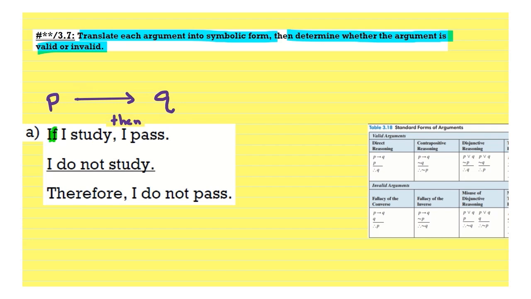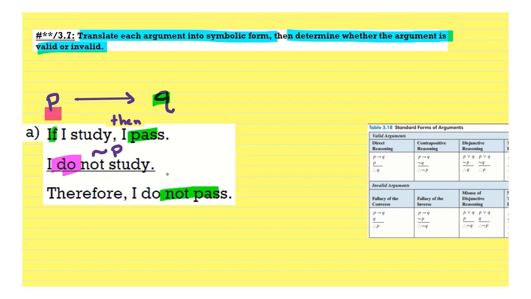And then the second line says, I do not study. Okay, so study again goes with the P thing. So that means the second line is going to be not P, because P represents the word study. Okay, and then we've got therefore, I do not pass. So pass has to do with the Q thing.